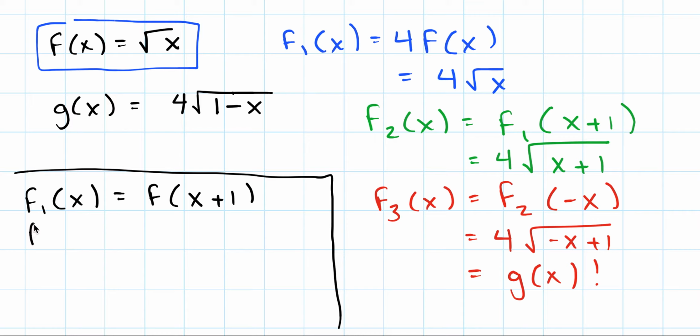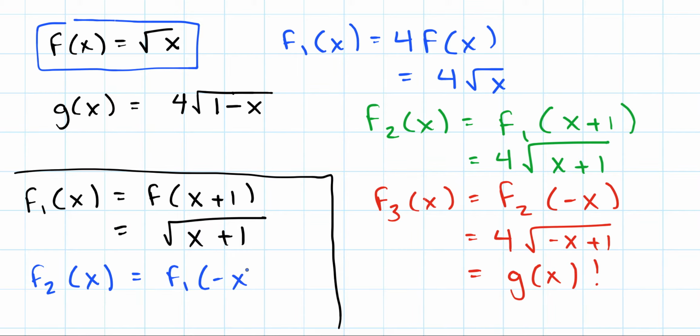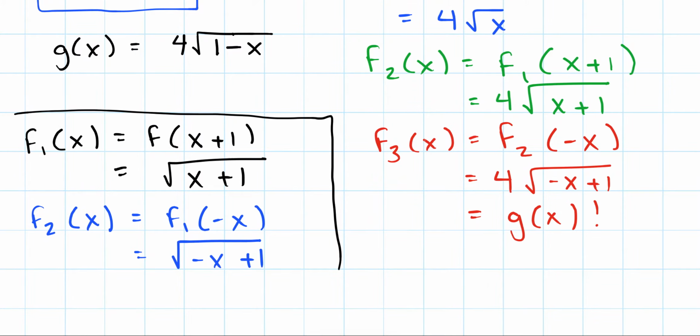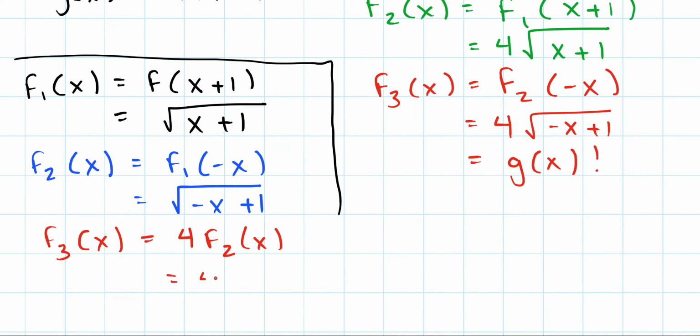If I do that, I'll get that this is equal to square root x plus 1. Then I could say, let's let f2 of x equal f1 with a negative x plugged in. That will give me the square root of negative x plus 1, which is almost what I want. I just need a third function, f3, where I take 4 and multiply it with f2, and that will give me what I want.